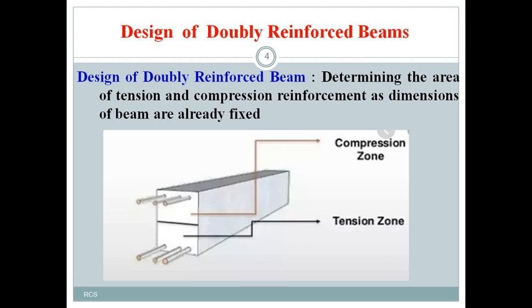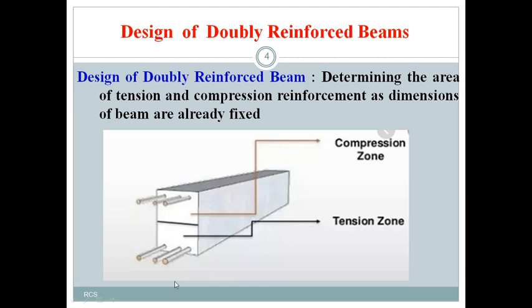As in the design of a singly reinforced beam, there we calculated AST, B and D. But in a doubly reinforced beam, B and D are fixed because of some restrictions, and we have to calculate the area of reinforcement in the compression zone and tension zone. Say we have a beam here. This is a doubly reinforced beam, as we provide reinforcement in the tension zone as well as the compression zone.